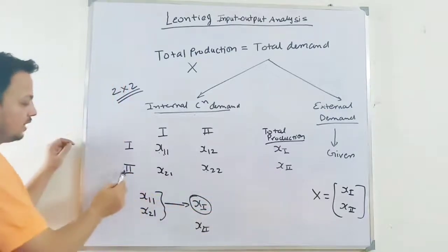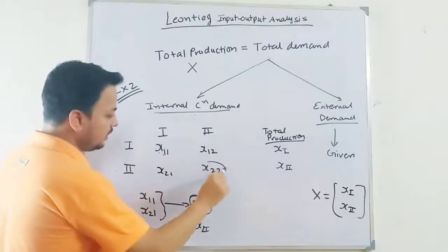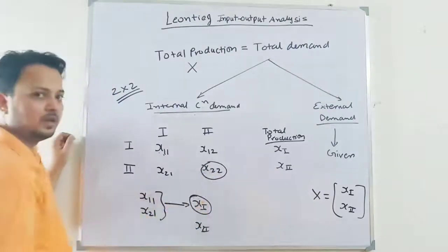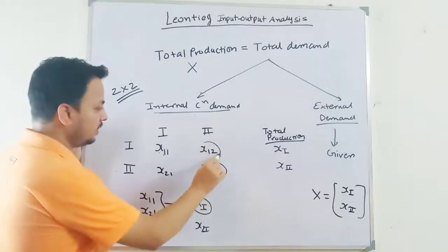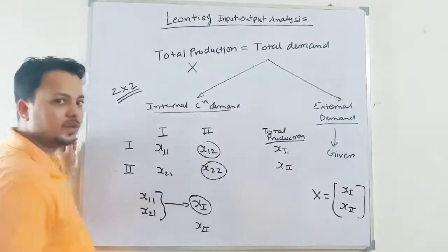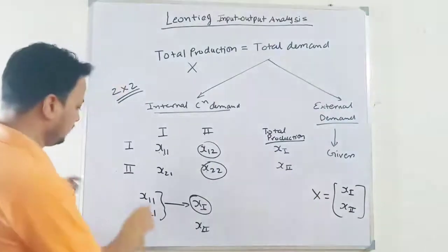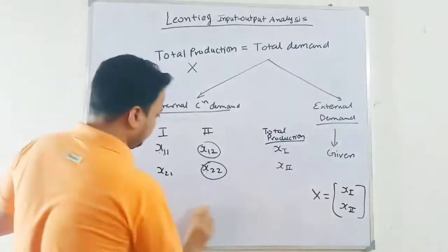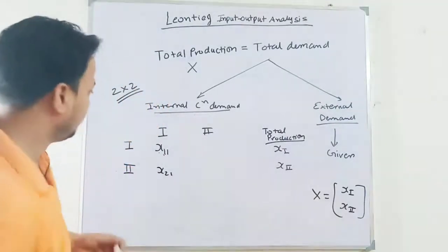So the second industry is using its own output as input and the output of the first industry as input. Let me write this here again, then it will be easy for you to remember.